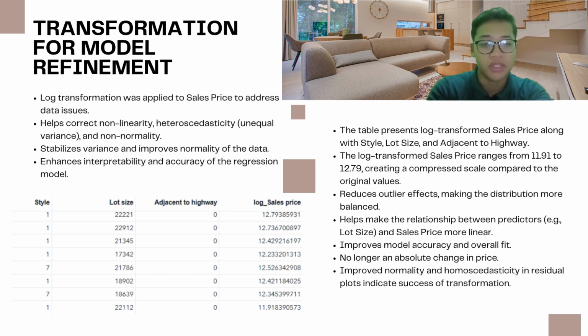Also, it helps make the relationships between predictors and sales price more linear, and it improves model accuracy and overall fit. It is also no longer an absolute change in price, and improved normality and homoscedasticity in residual plots indicate success of the transformation.